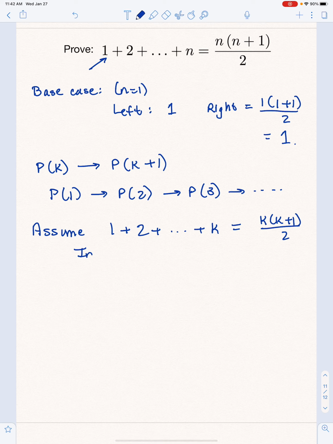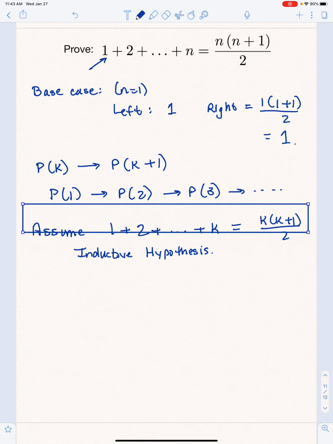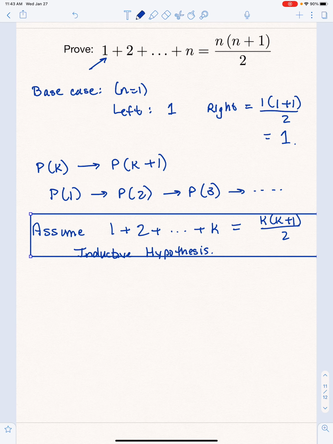Okay, so I'm just going to write that down here too. Inductive hypothesis. So what we want to do is show that when I add the next term, that formula still follows based on knowing this. So this is the key step right here. We have to use this in order to prove the next steps.